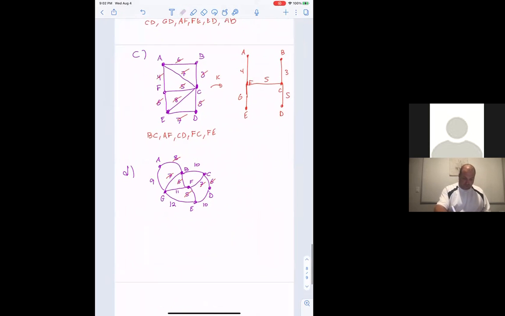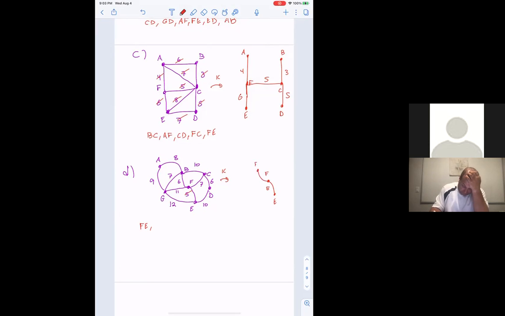Again, we're going to use Kruskal. Let me remove these. Okay, pick an edge of least weight. I see a 5, F to E, 5. I see a bunch of 6s.